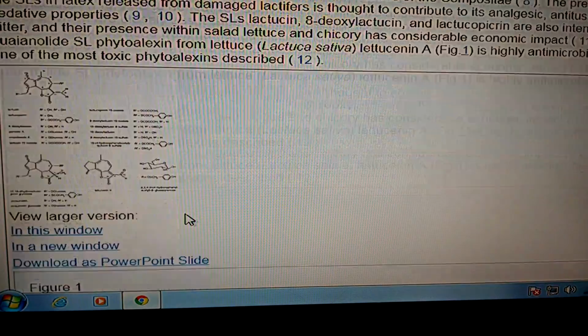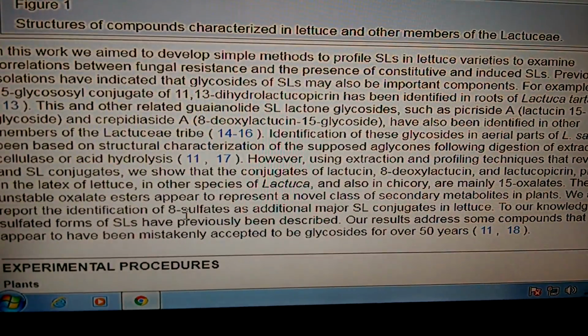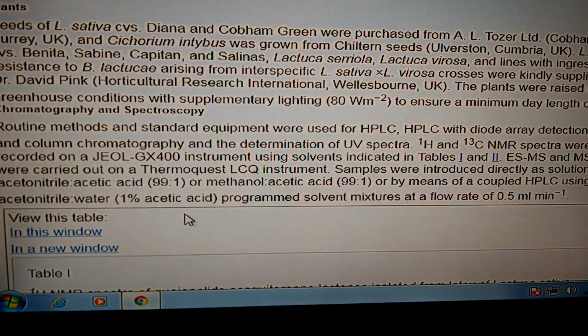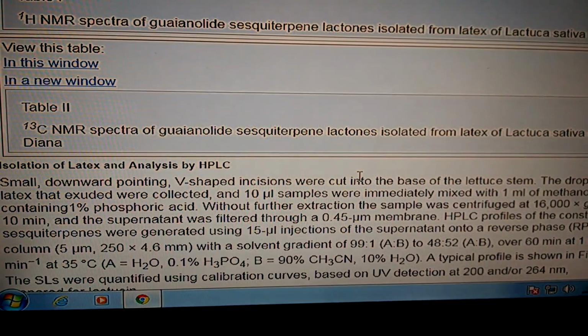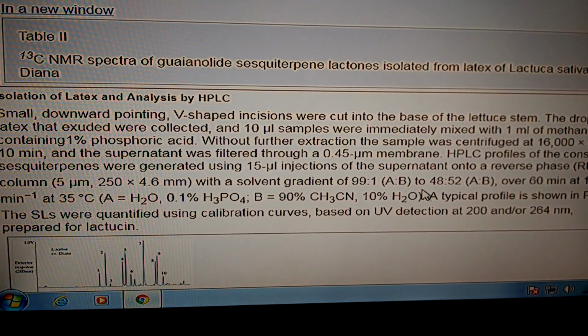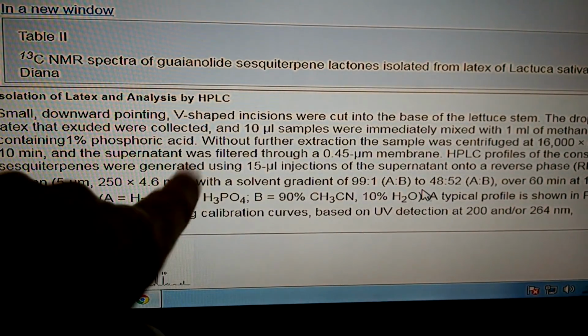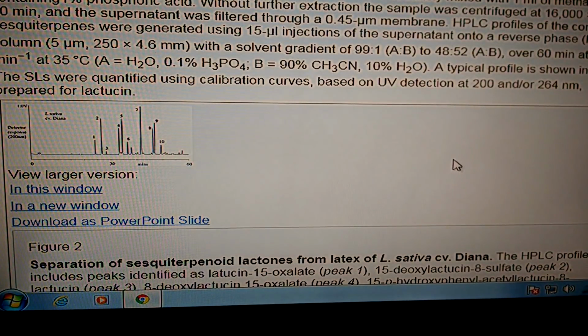Now, as I'm reading along in this, I'm also reading about phytoalexins. Now, phytoalexins are highly antimicrobial, and it tells us this in the information that it's putting down through here.